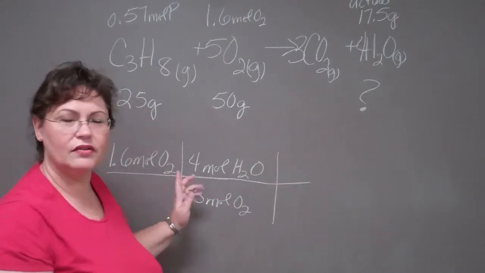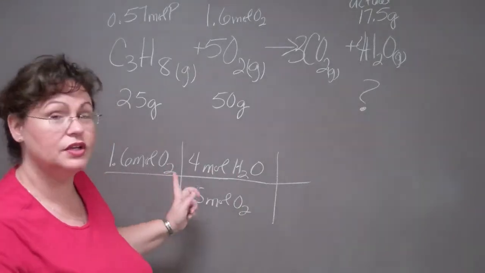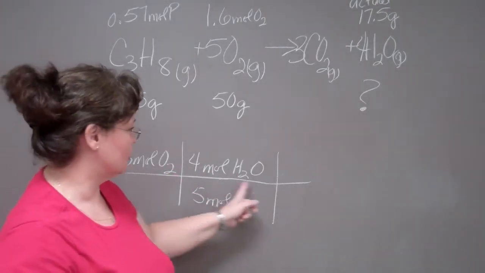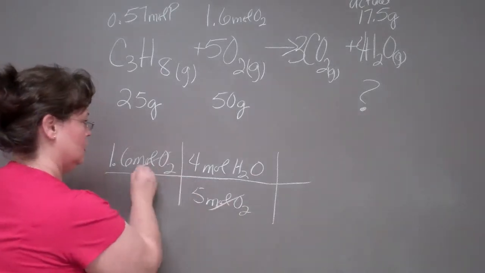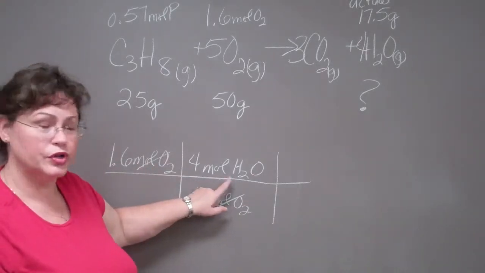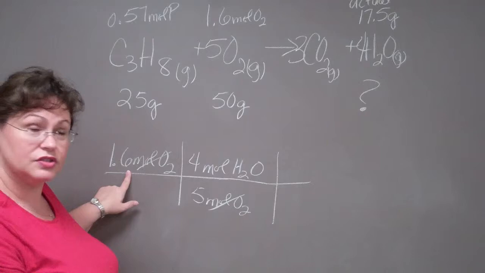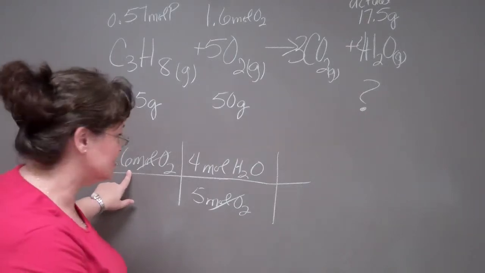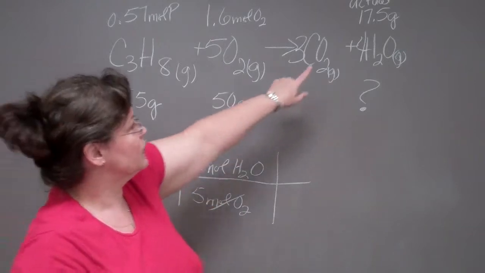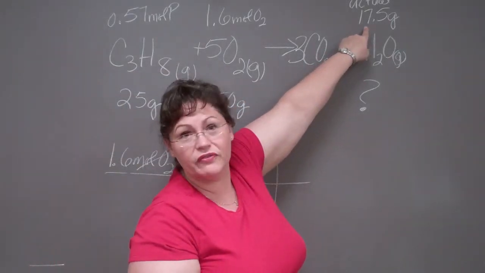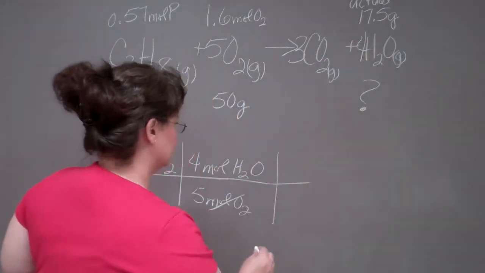Let's go ahead and extend this out. This is a scientific line, for those of you not used to writing these out. Now we have our molar amount of water produced from this much oxygen, which is our limiting reactant. Now we need to convert the moles to grams because we actually isolated 17.5 grams of water in our reaction.